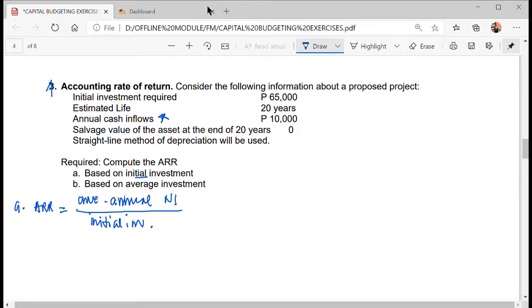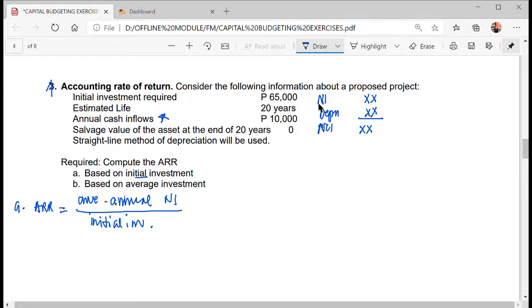Remember, the formula for cash inflows starts with net income, and then you adjust for depreciation. You add the depreciation and then you get the net cash inflows.